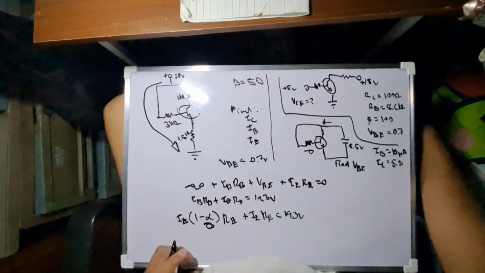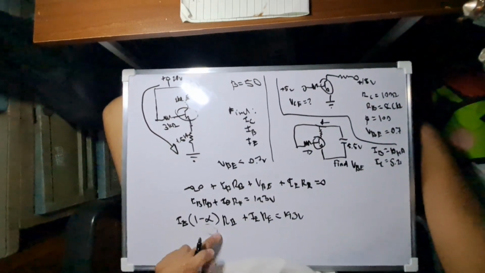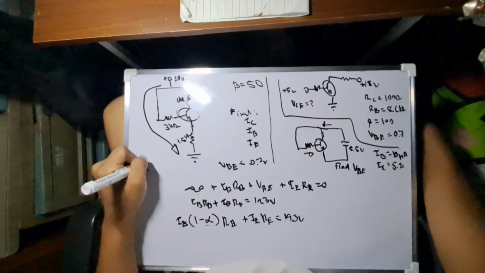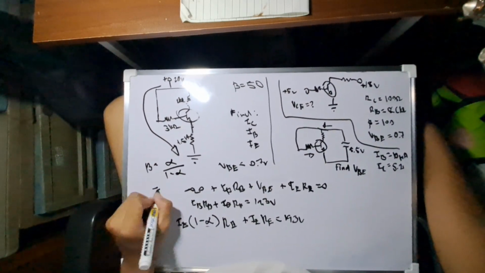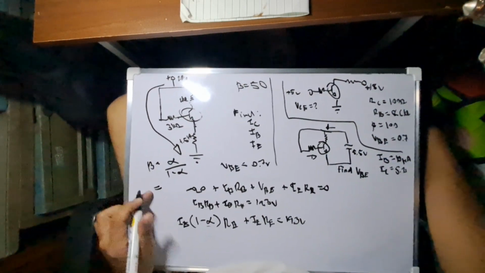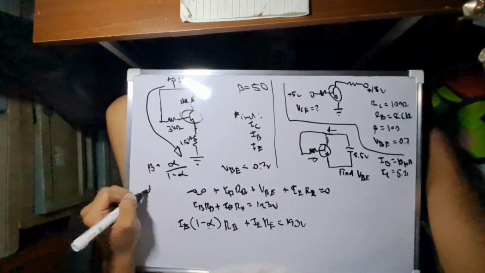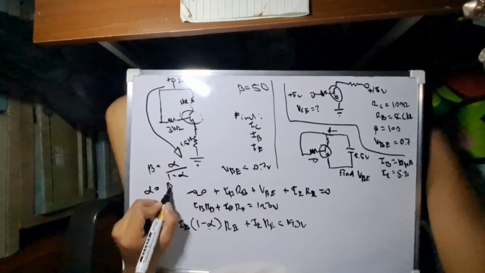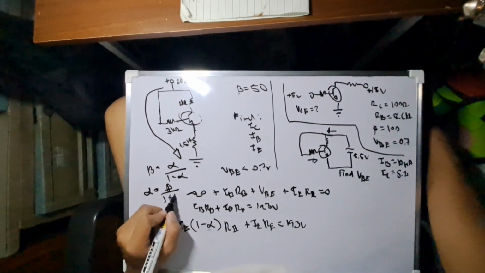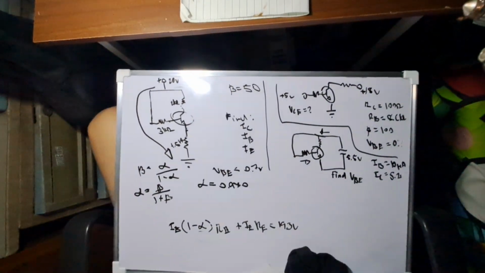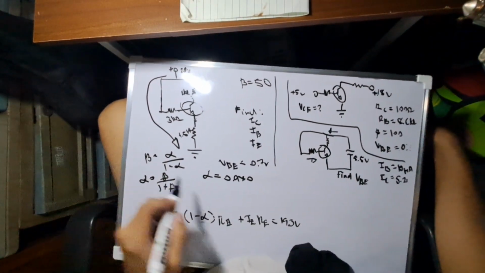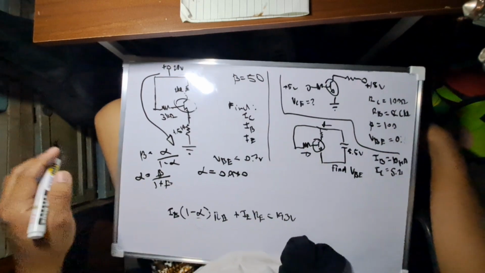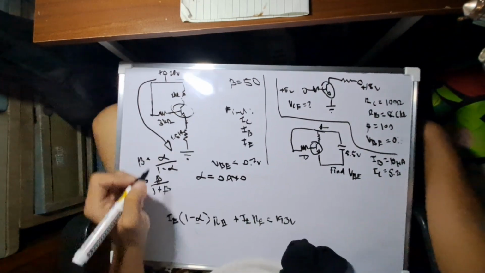Kaso alpha gamit. So we know from earlier that beta is equals to alpha over 1 minus alpha, and alpha now is equals to beta over 1 plus beta. So kung ipa-plug in mo yung calculator, 50 over 1 plus 50, magkakaroon tayo ng alpha is equals to 0.98. So pasok natin mga values natin.